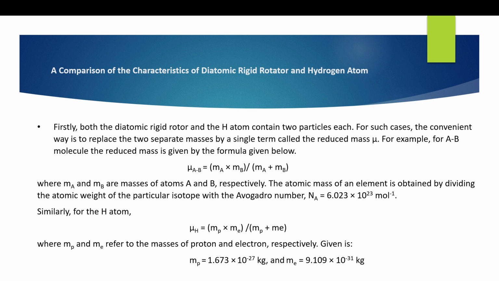Thus, for the hydrogen atom, we calculate the reduced mass using the product of the mass of the proton and the mass of the electron divided by the sum of these two masses. The masses of the proton and electron are reproduced here for easy reference.